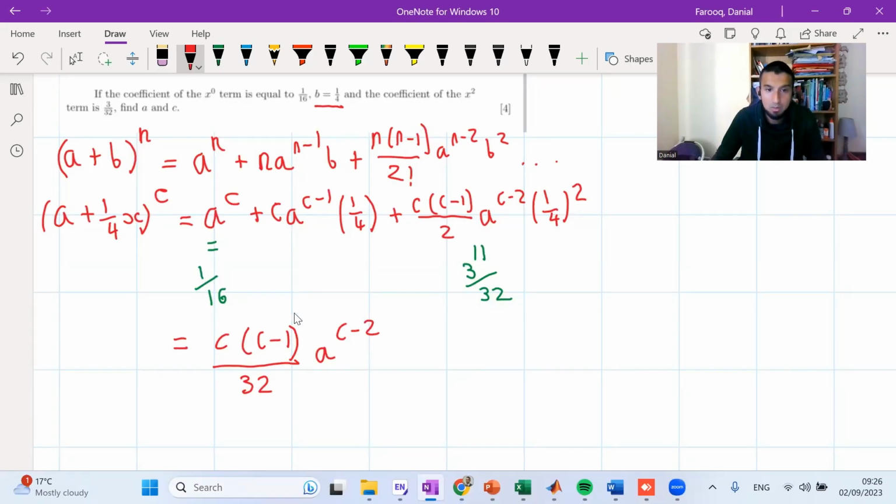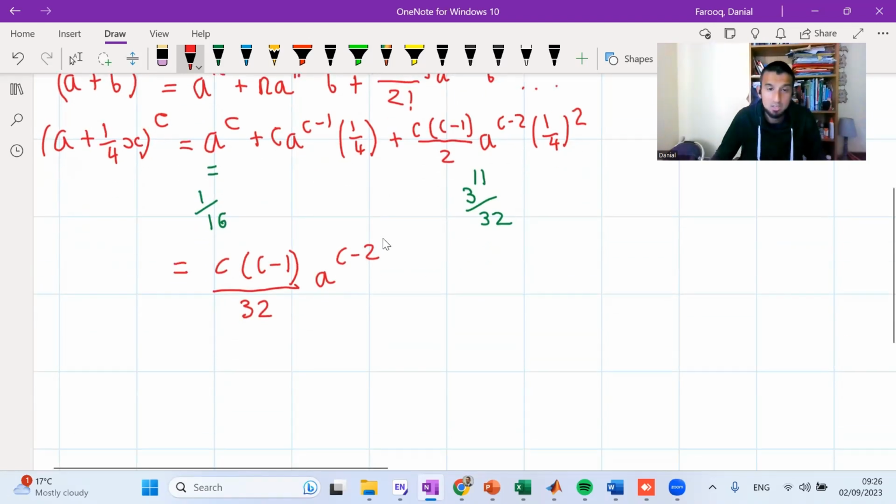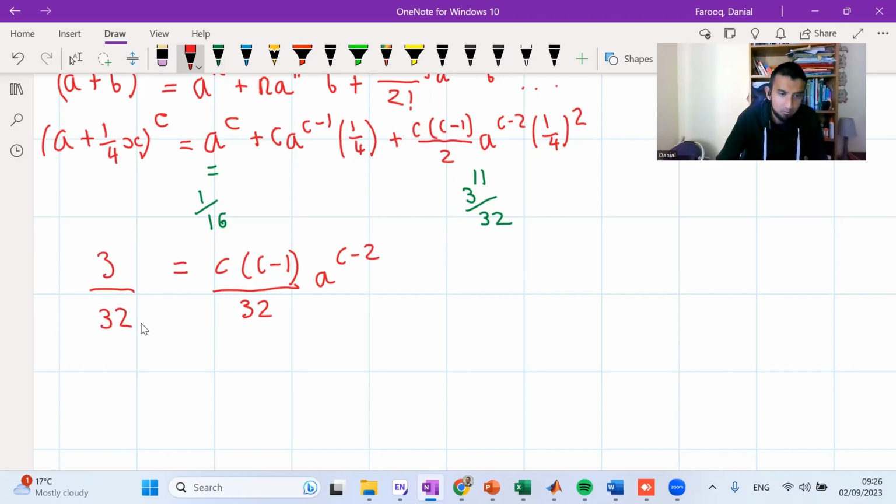Now we have 2 unknowns and 2 equations. So technically that is enough information to solve. However, this one is a bit more complicated. So this is 3/32. Let's simplify by multiplying both sides by 32. So 3 will equal c(c-1)a^(c-2).